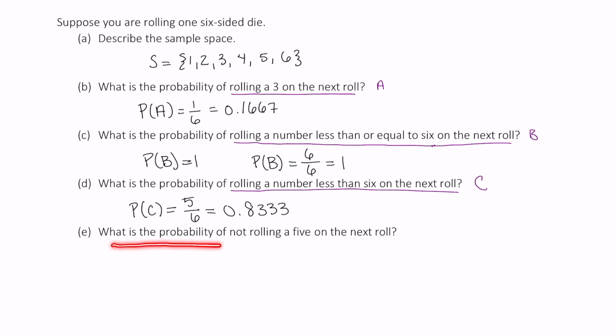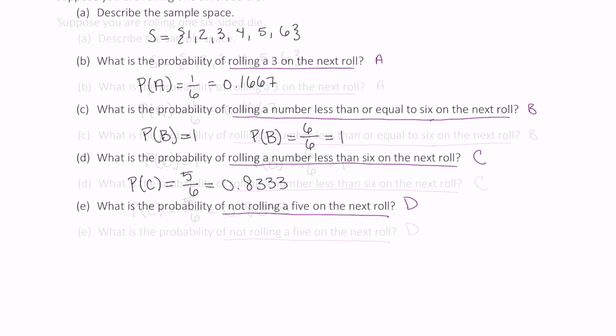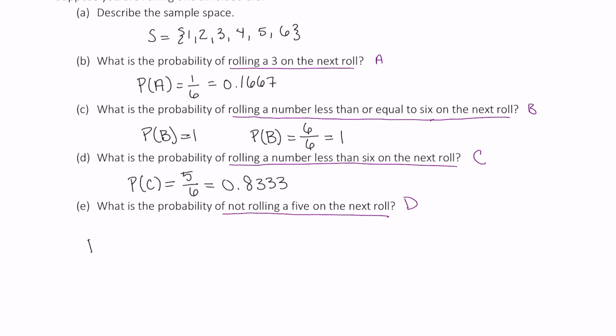Next, let's look at E. What is the probability of not rolling a 5 on the next roll? Of course, I'm going to call this, not rolling a 5 on the next roll, event D. And there are 2 ways we can do event D. The first way is going to involve the complement. So what is the complement of not rolling a 5? So let's start by writing out event D. Event D is not rolling a 5, so we could roll a 1, a 2, a 3, a 4, or a 6.